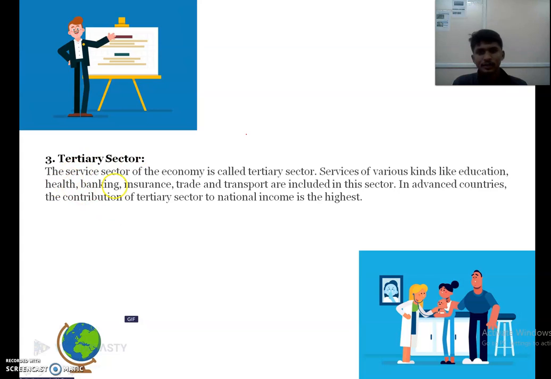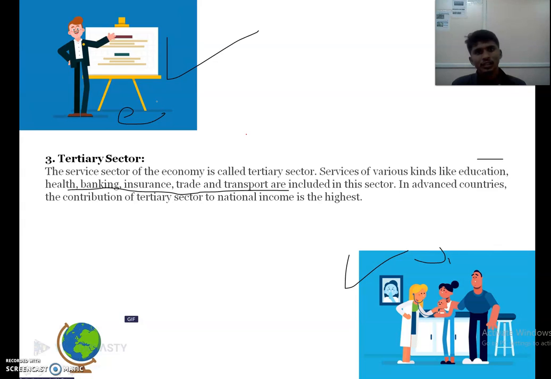Tertiary sector. The service sector of the economy is called tertiary sector. Services of various kinds like education, health, banking, insurance, trade and transport are included in this sector. So in advanced countries, the contribution of tertiary sector to the national income is the highest. Here you can see examples of the tertiary sector, like doctors, teachers, lawyers, etc. So tertiary activity includes both production and exchange.